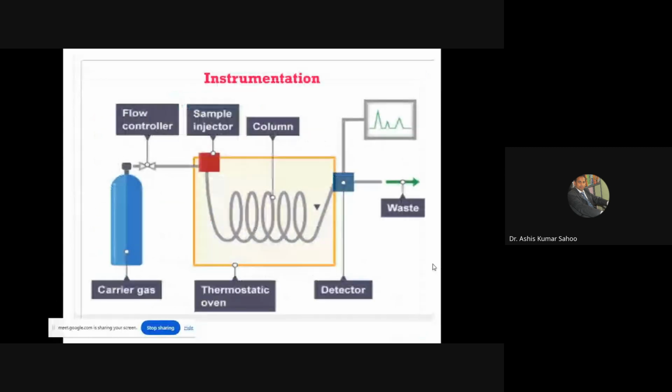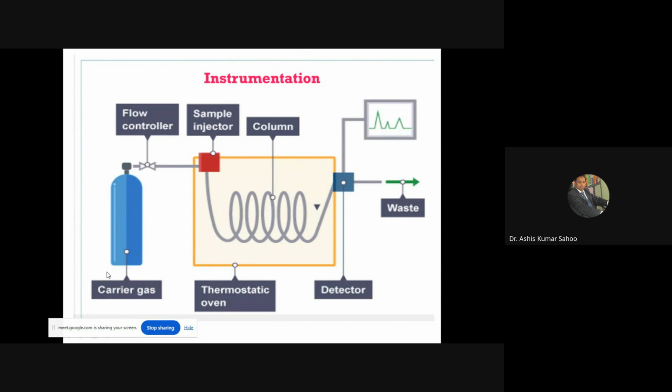So what is the instrumentation? How is this gas chromatography designed? What are the different instrument arrangements in the process? First, the carrier gas will be filled in this cylinder, and a flow control will be there. Here we can inject the sample, so here is the sample injector.